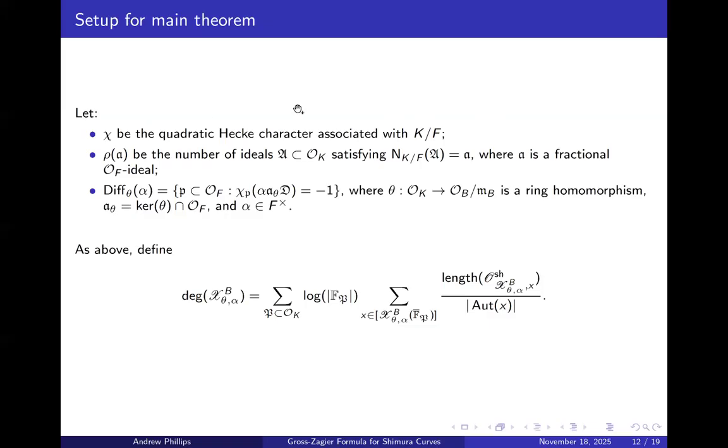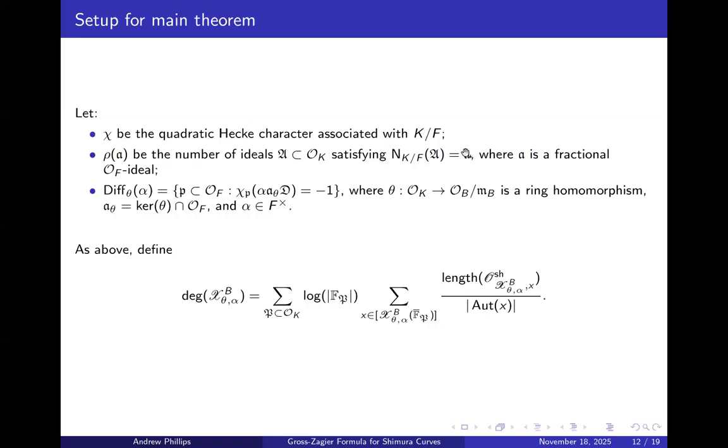So that also guarantees that we can view this character as a character on ideals, basically just by looking at local generators of ideals, since it's an unramified extension. The other important notation here is rho of A: if you start with a fractional ideal a of F, rho of a is just the number of integral ideals of K whose ideal norm is little a.